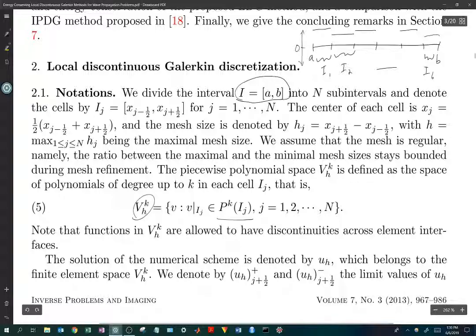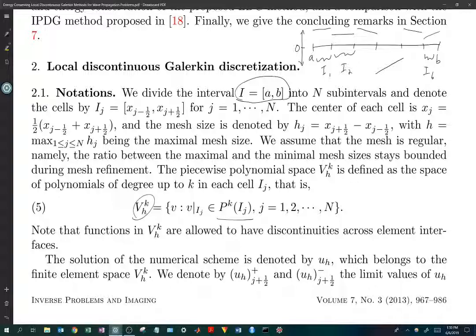And of course, if we used k equals 1, then they could look like this. You would have basically discontinuous piecewise linear functions. I guess that's the easiest way to describe them: these are piecewise polynomials of degree up to k.